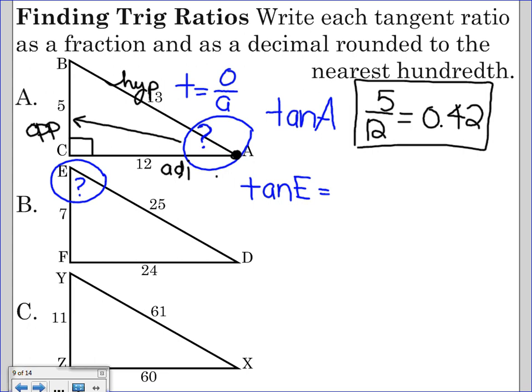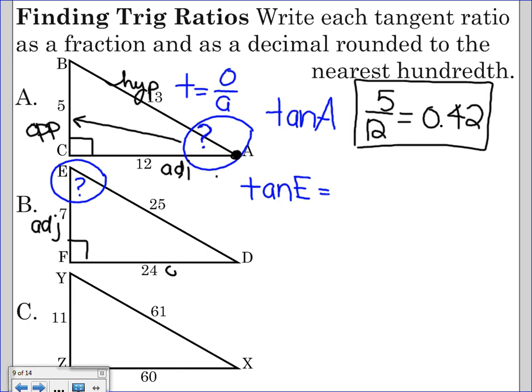So if this is the angle, and this is a right angle here, what is side EF? Is EF adjacent? Yes. EF is adjacent. It's the leg of the triangle that touches the angle that we're talking about. 24 would be the opposite.